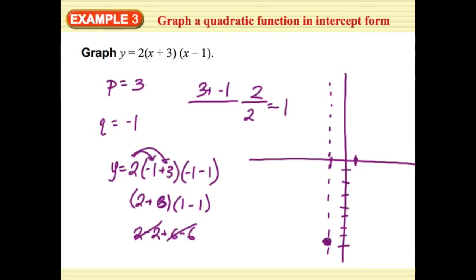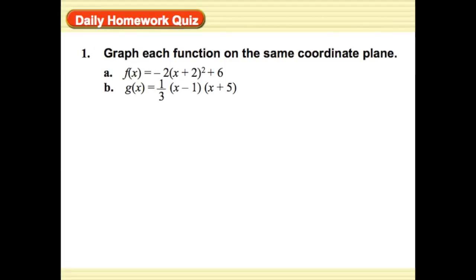So that's going to be a 0. I reflect over my axis of symmetry, connect my dots, and I have my quadratic. So again, figuring out where the vertex is going to be, substituting in values, and working from there. Your daily homework quiz is to graph each function on the same coordinate plane, A and B.